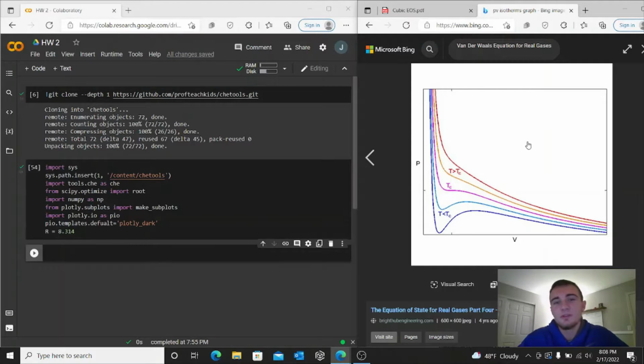Now, more specifically, if we want to look at a critical point of a substance, we can look at this area right here where these curves are bending down a little bit and then coming back up in a curved-like motion.